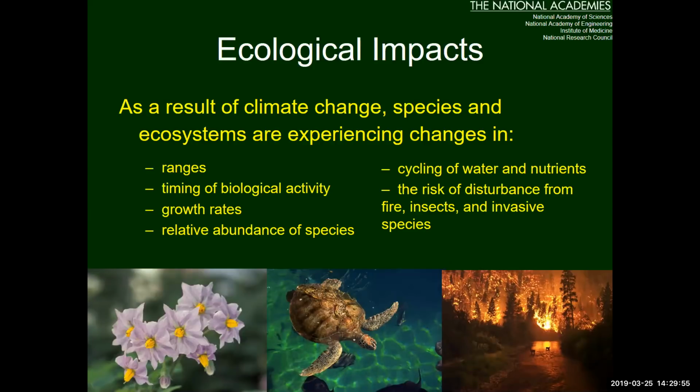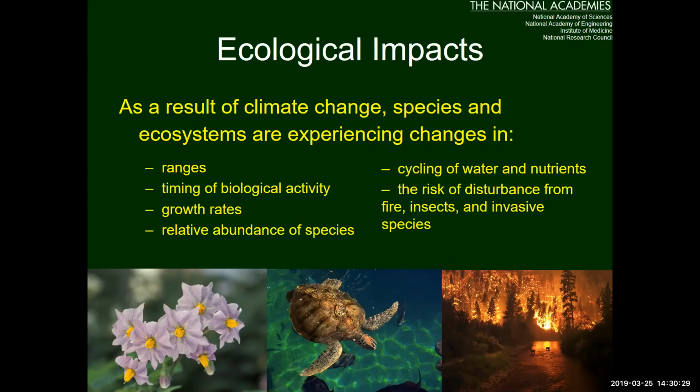The kinds of things that we see happening to species, populations, and ecosystems is that we're finding that there are changes in what they do across space and across time. Notice these two first bullet points here. Their ranges are changing, the distribution of organisms, and the timing of their biological activity. Things like when flowers open, when species migrate after the winter, for example.